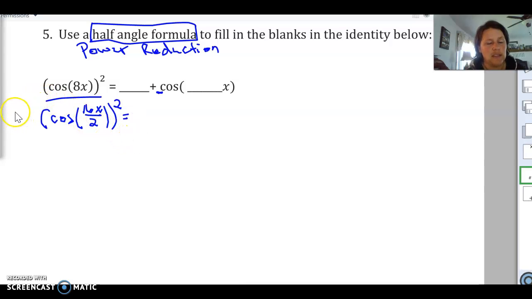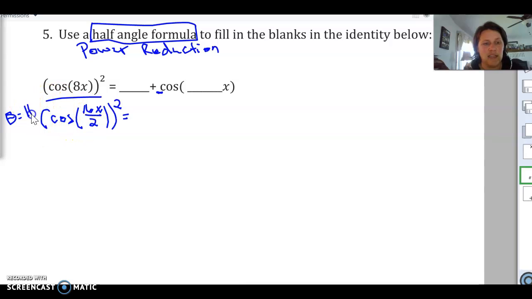The other thing is we need to look at that half angle formula. Not the double angle, the half angle formula. It is theta over 2. So in this case, I'm always going to write out in front what theta equals.